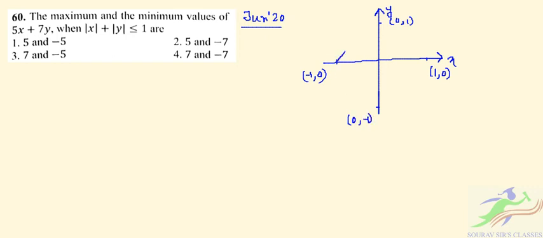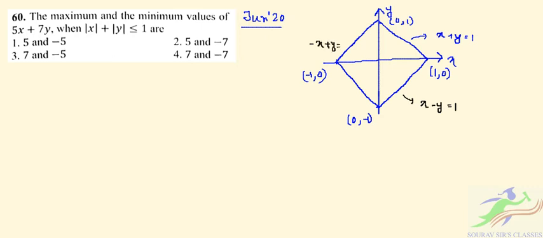So if you draw a line between these points, how will we define this? It will be defined as x plus y equal to 1. So let's change the name. So it will be x minus y equal to 1. It is minus x plus y equal to 1, and minus x minus y equal to 1, right?